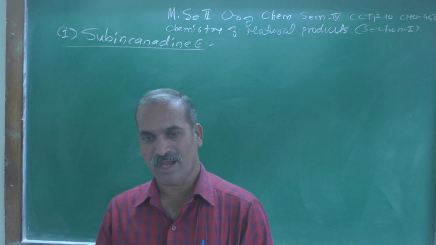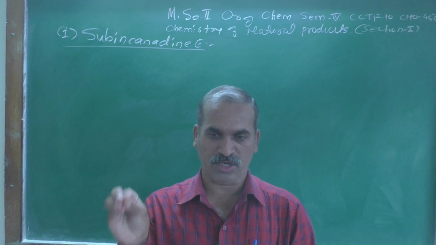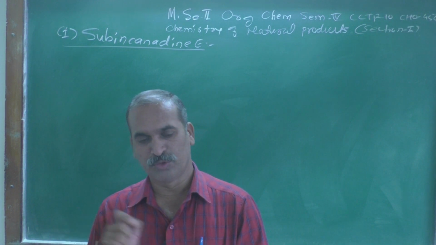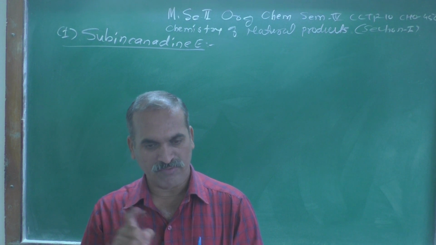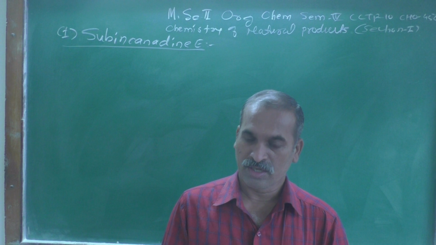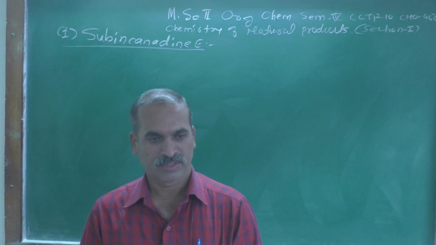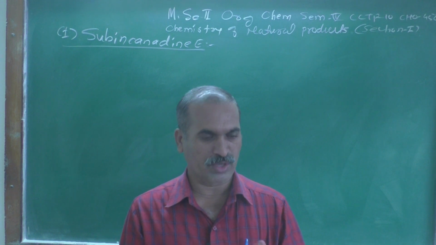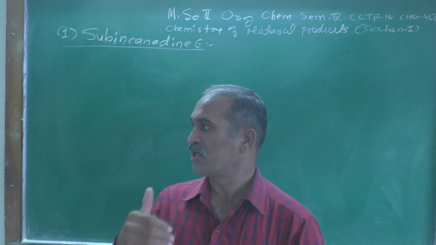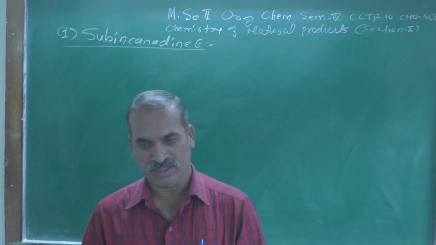On the other hand, in cis-2-butene, both methyl groups are nearer to each other. They create a lot of steric hindrance or crowding, and due to that the internal energy increases.